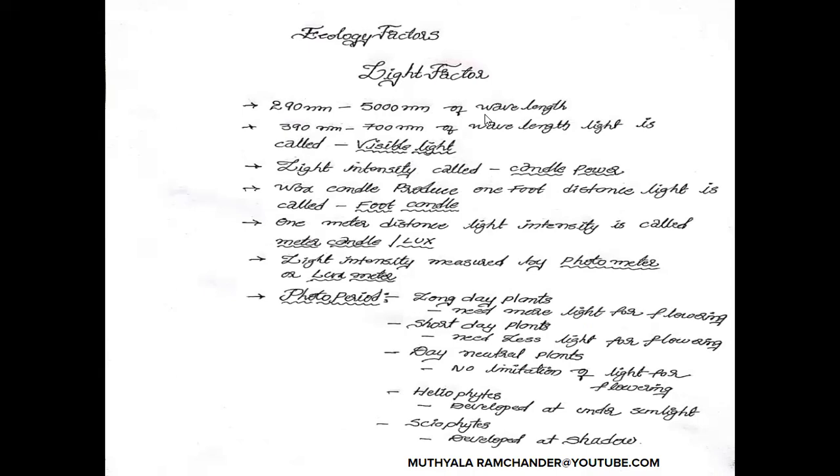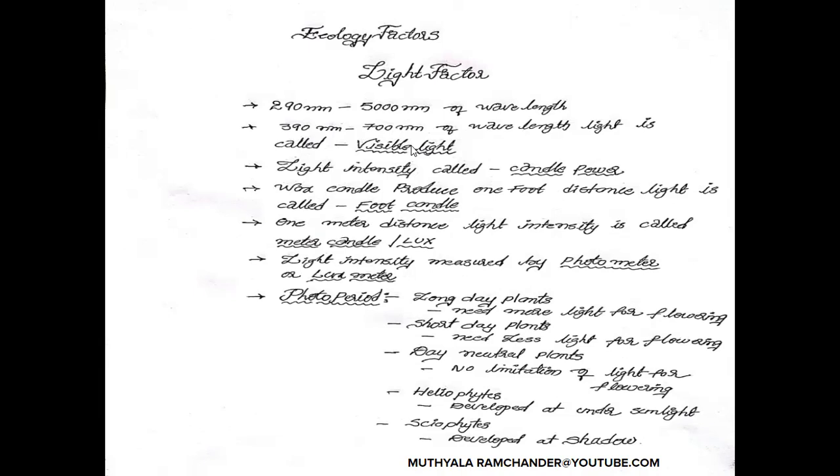The wavelength is identified from the sun to earth. From this total wavelength of light, 390 nanometers to 700 nanometers is called visible light, because visible light is clearly identified by human beings with naked eyes.